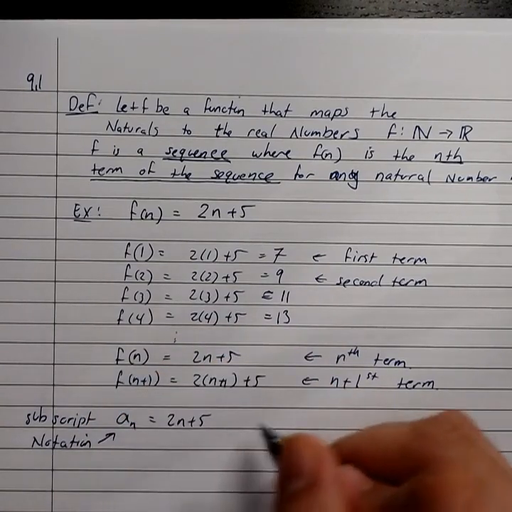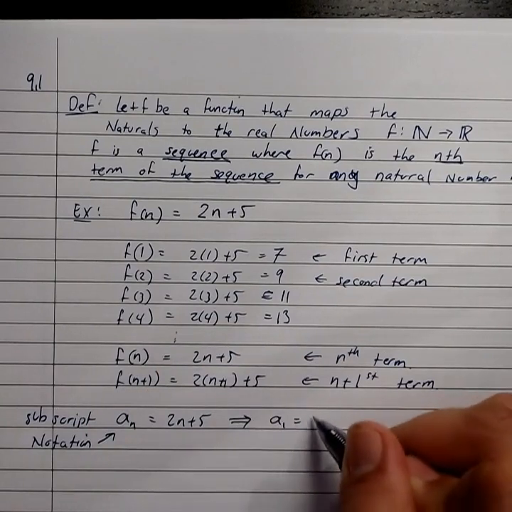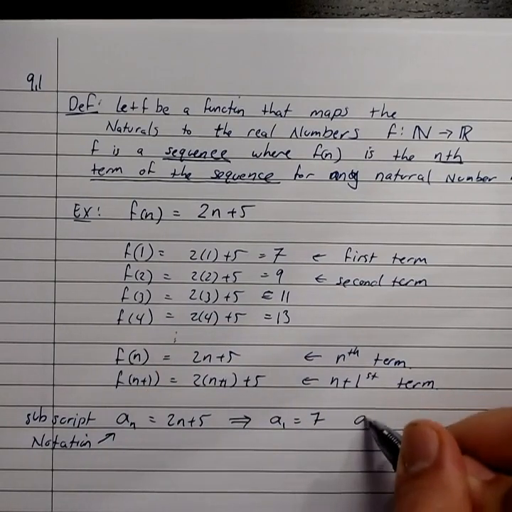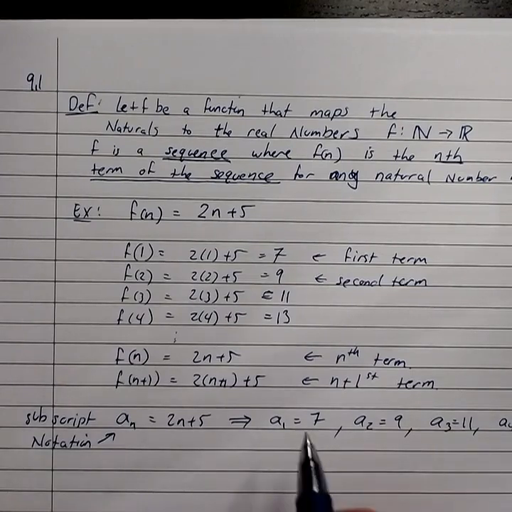And when we write out the actual elements of a term, a sub 1 is equal to 7, a sub 2 is equal to 9, a sub 3 is equal to 11, a sub 4 equals 13, and so forth and so on. It is common to simply write these as a list.